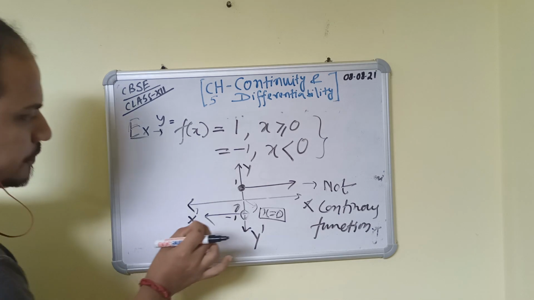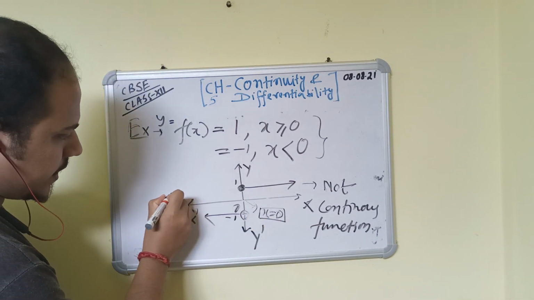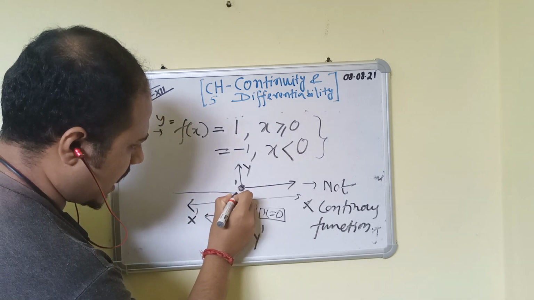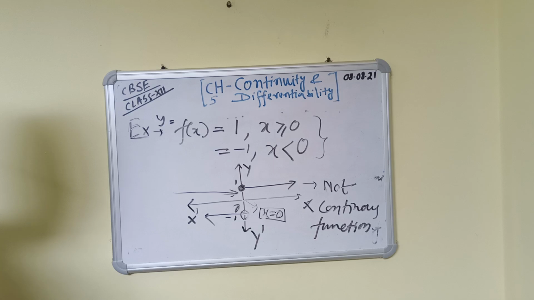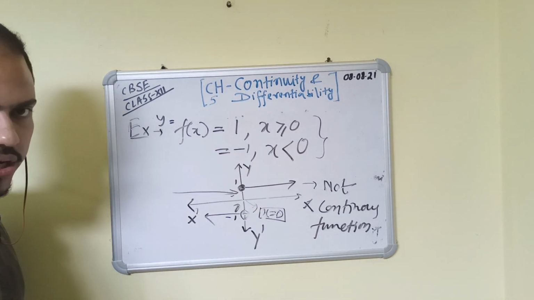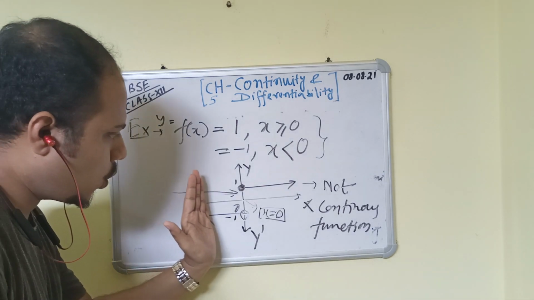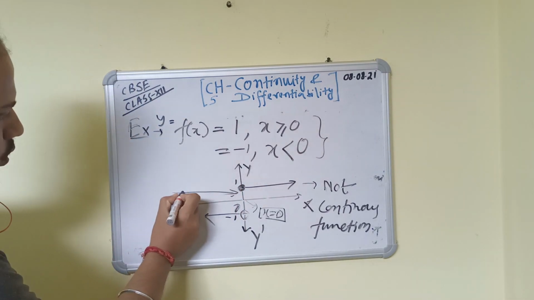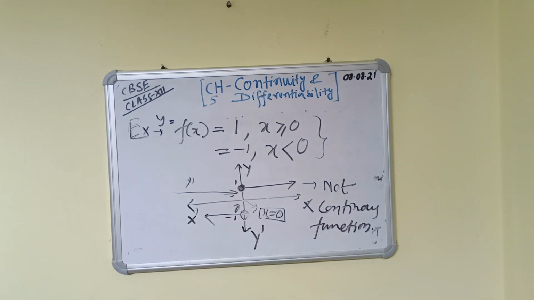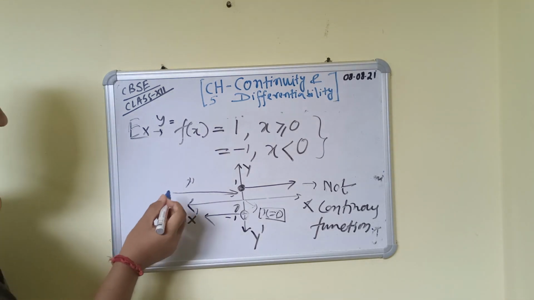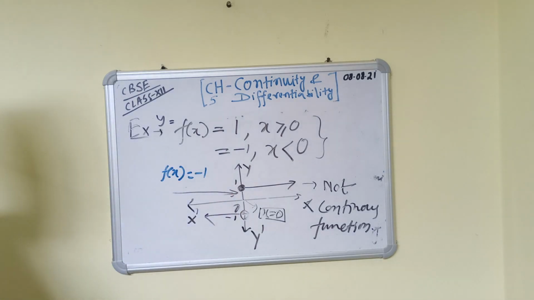So let's start. When we come from the left side close to x equal to 0, the value of the function is -1. That is the case f(x) equals -1.